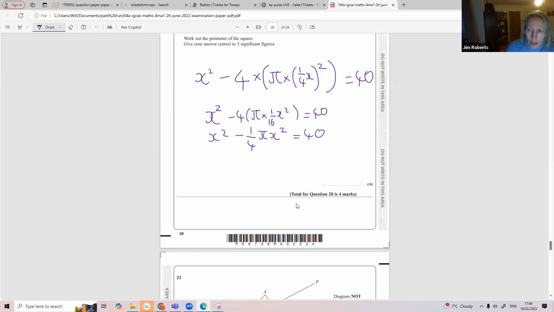I don't like this fraction here. I'm going to multiply everything by 4 to get rid of that fraction. 4x squared minus pi x squared equals 160. All right, I'm going to take out an x squared and factorize this. And I'm going to divide both sides by 4 minus pi.